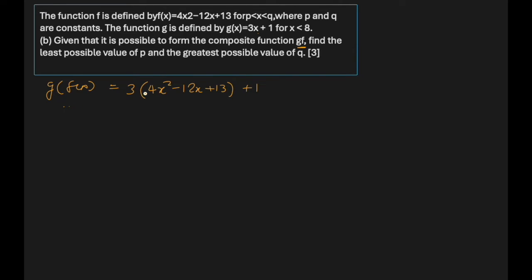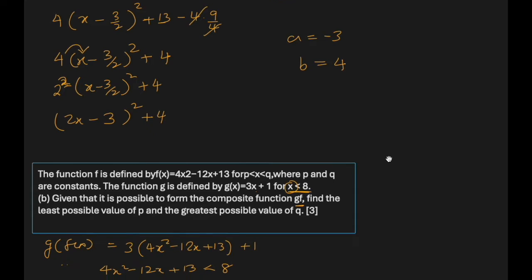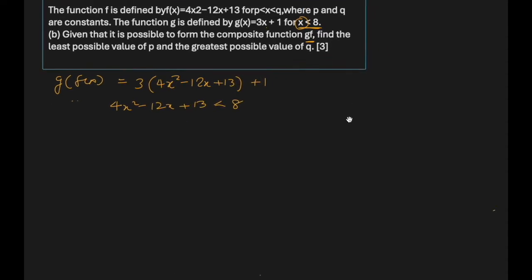So can you see, in place of x I put fx, and in the original gx they have said that x is less than 8. Since x is replaced by fx now, that means 4x square minus 12x plus 13 has to be less than 8. And in the previous part we did change it to this, 2x minus 3 square plus 4.